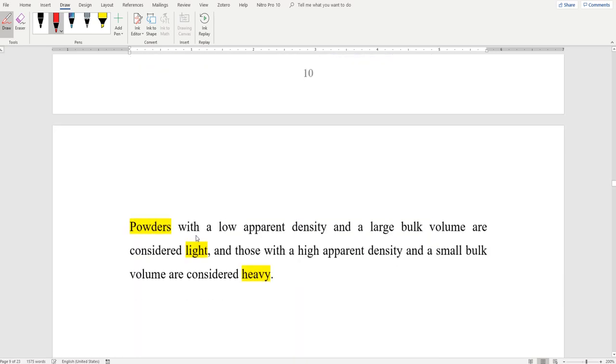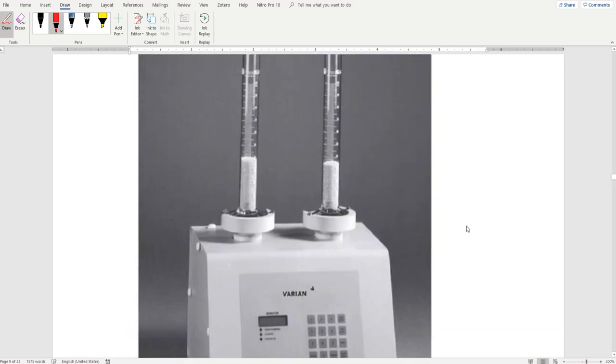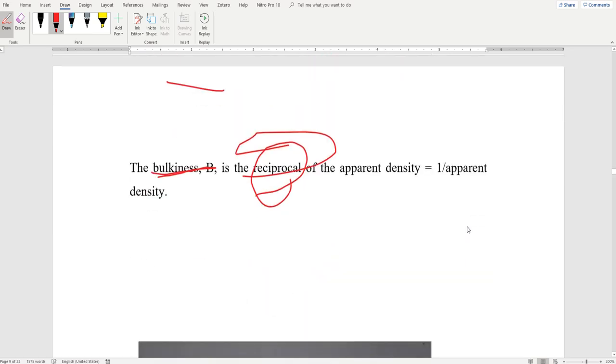Now, what I want you to know is about powder with a low apparent density. Remember the apparent density is the weight over the bulk volume. When it is low, what will its bulkiness be? We saw that it's reciprocal. Bulkiness is reciprocal to apparent density. If it is low apparent density, it has high bulkiness.